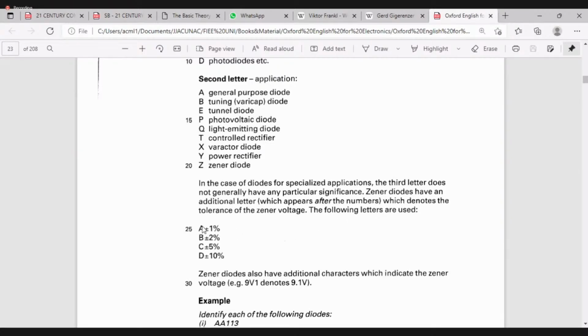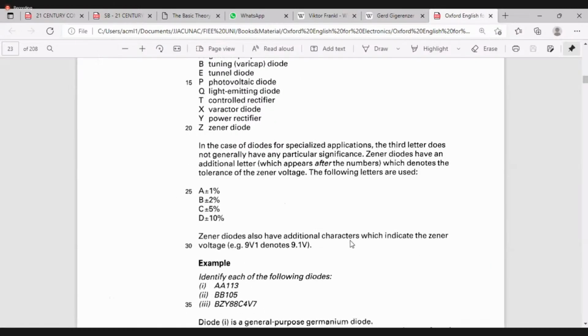So the following letters are used: A, 1%, B, 2%, C, 5%, and D, 10%. Notice that 10 is the top. Now, Zener diodes also have additional characters that denote the Zener voltage, but that is marked with V. For example, 9V1 is 9.1 volts.